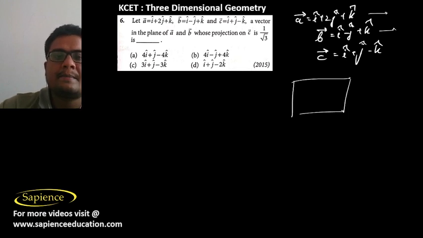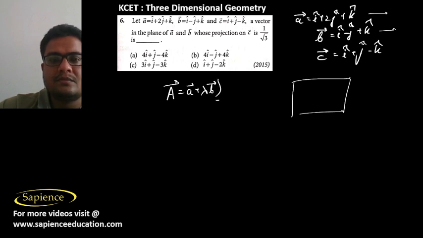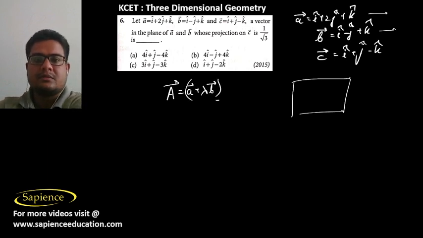It means that any vector in the plane of A and B can be written as, suppose the vector A is equal to A plus lambda times B. This is in the plane of A and B, whose projection on C is 1 by root 3.